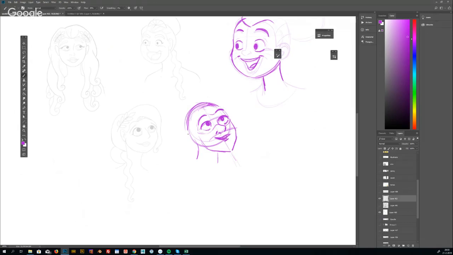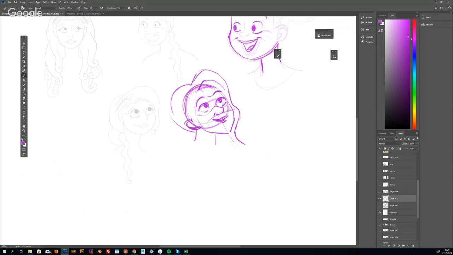So here we have the skull, and the hair is coming out of it. So like this. Then we have the ear, like this, and then the neck, like this.